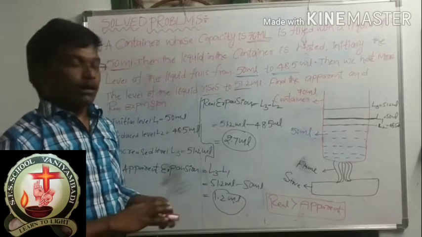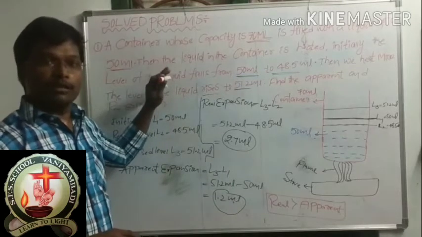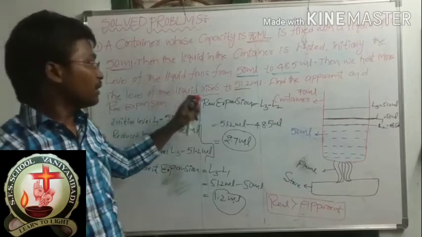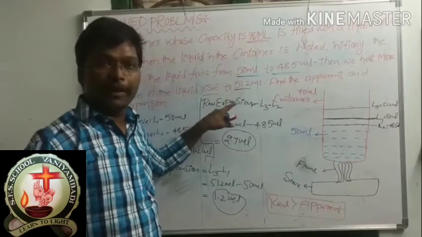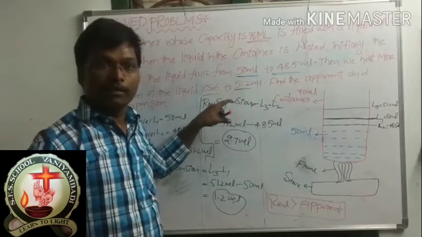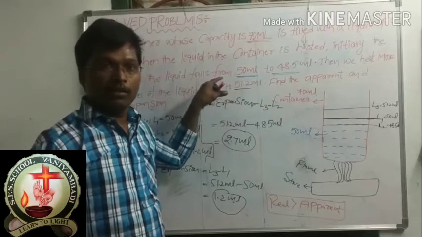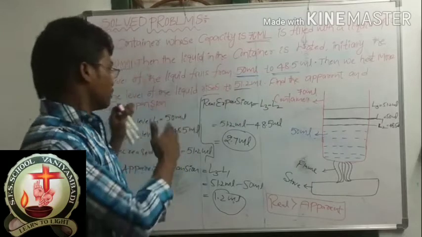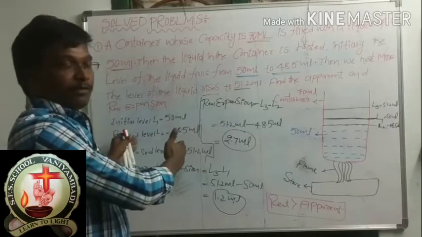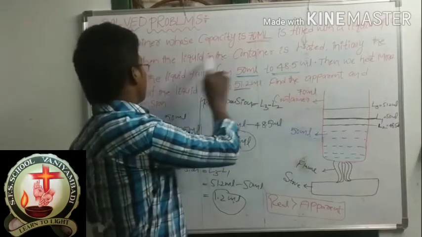Okay. Now, he gave this question. By the use of that question, we prepared some data, what he mentioned in the question. After that, he asked for apparent expansion and real expansion.